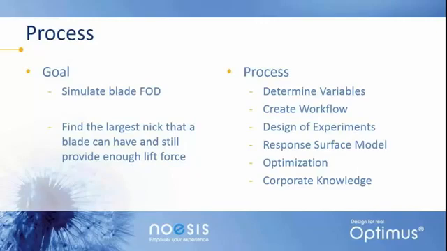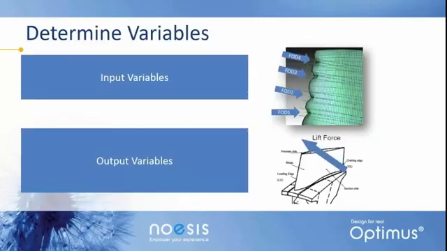We'll use that response surface model as part of an optimization that will run much faster than the original design of experiments ran. So from all of that, we'll consolidate some corporate knowledge so that we can distribute the intellectual property about the model to a large number of users that otherwise would not have been able to access that data.